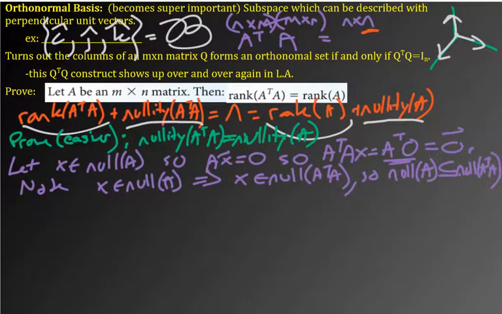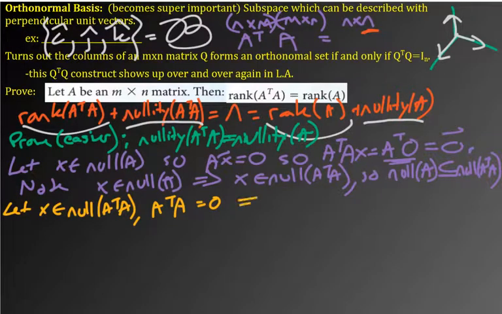All right, halfway there. For the other one, I'm going to let x be in the null space of AᵀA. So by definition, we have AᵀAx equals 0.